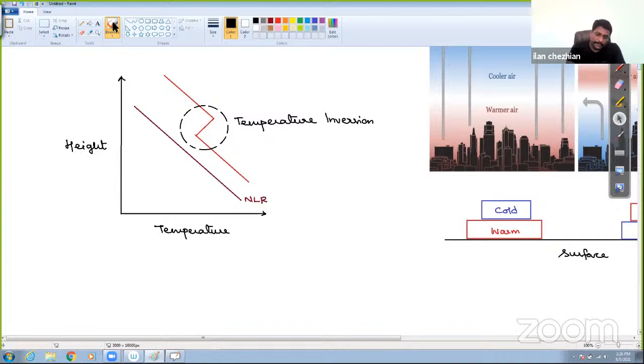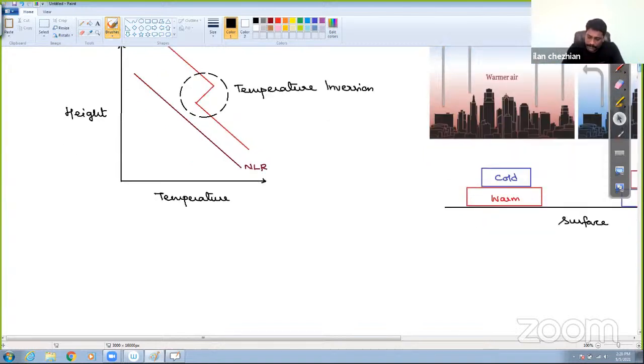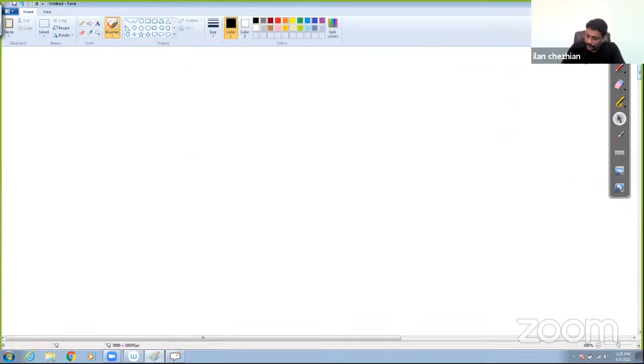This phenomenon is called temperature inversion.